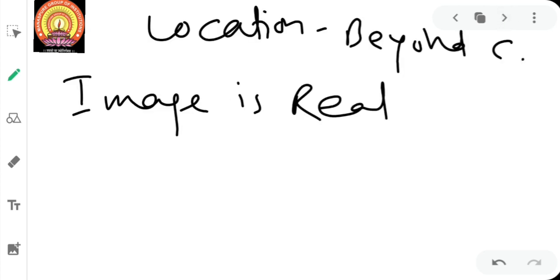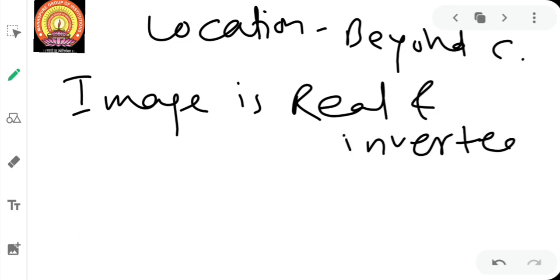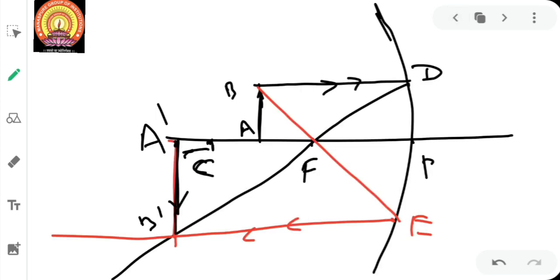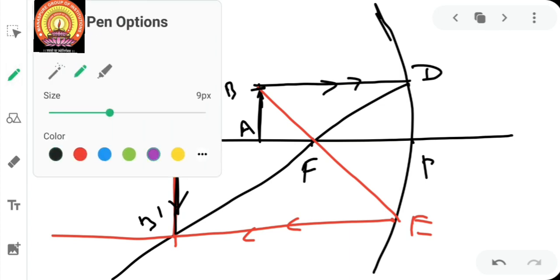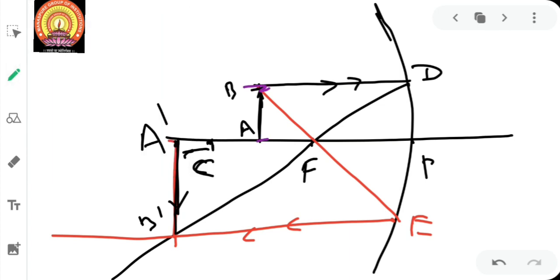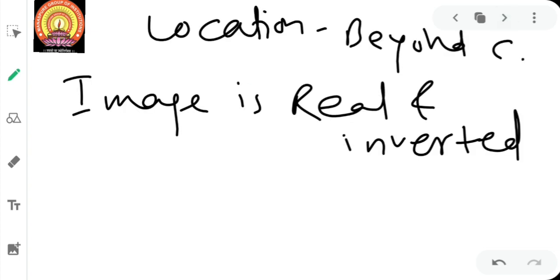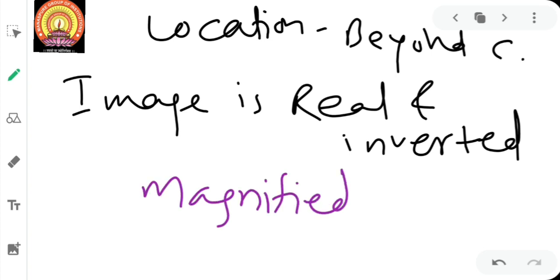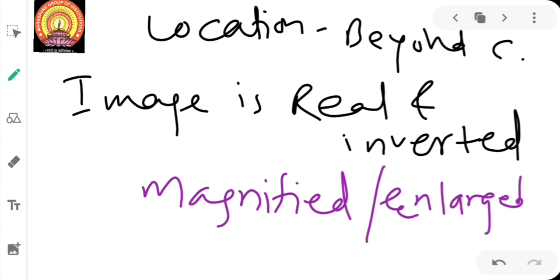So we can say it is inverted, real and inverted. Then also, if we compare the height of the object AB and the height of the image A dash B dash, then we can say the image is magnified, or we say it as enlarged.